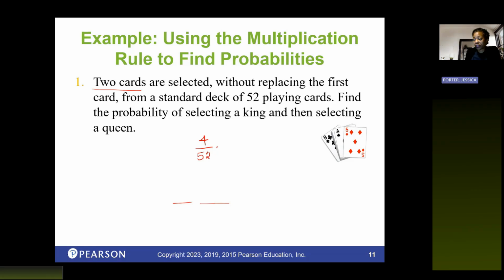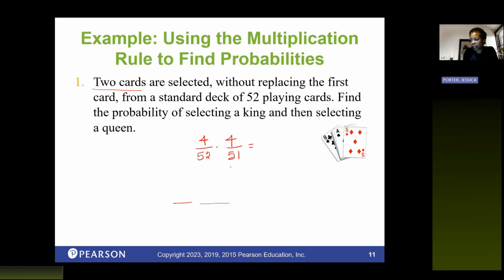And what about a queen? If you've taken one card out of the deck and you're not replacing it, what's my next probability? 4 out of 51. Right. So that becomes our multiplication.